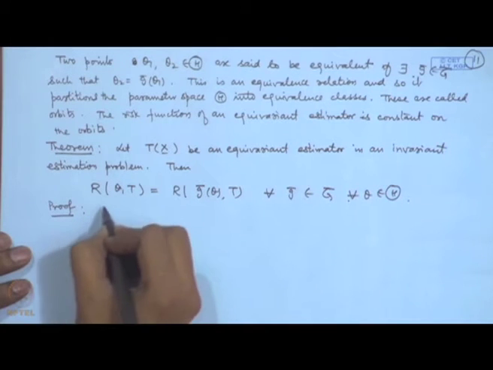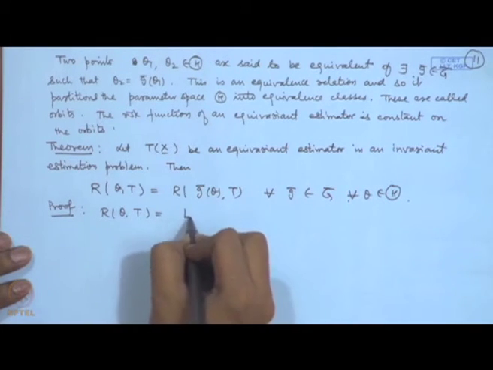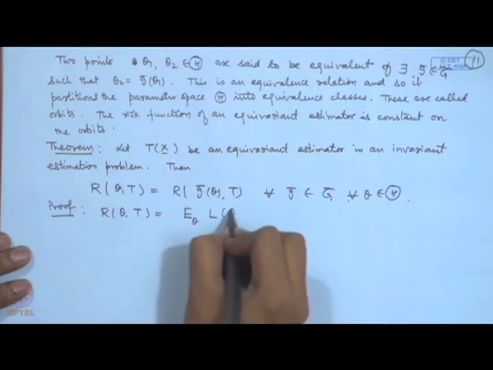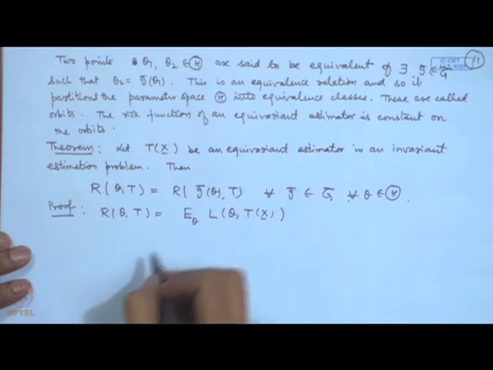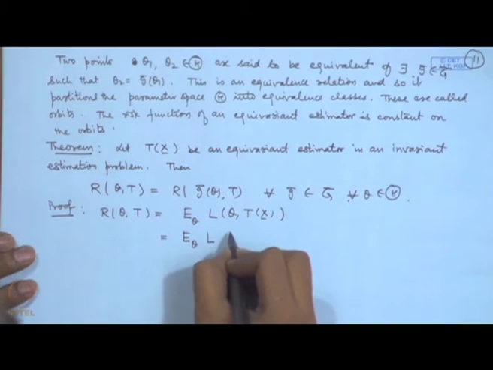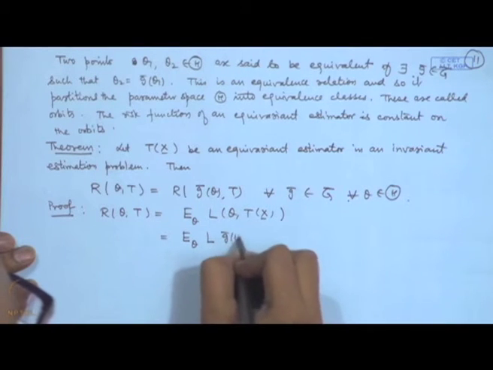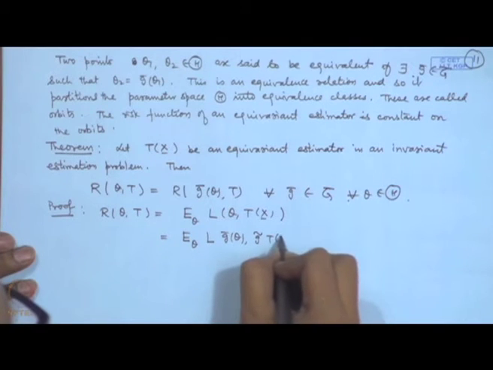Let us look at the proof of this. The risk function of T is equal to expectation of L theta, T x. Now, loss function is invariant, therefore, we can express it as L of g bar theta and g tilde of T x.